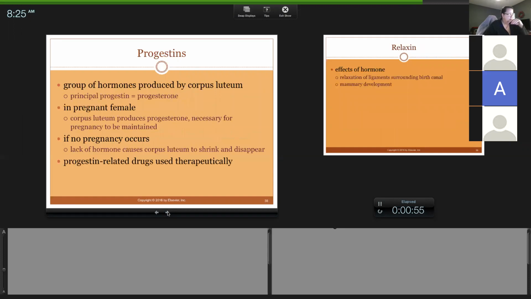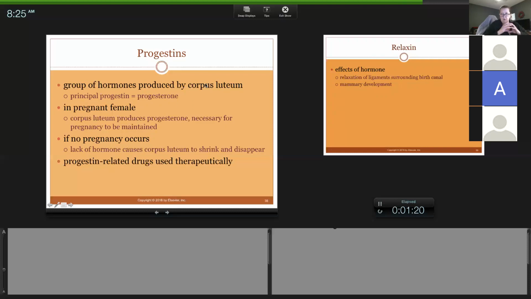Now, after the egg is released, think about the follicle, it's kind of like a sac. This will make more sense next week, but the follicle, when it ruptures, is going to release the egg and it's going to seal itself off. And when that empty sac is sealed, it produces something called progesterone.